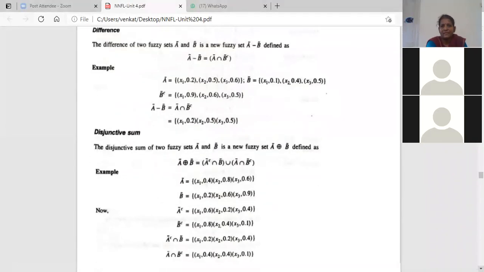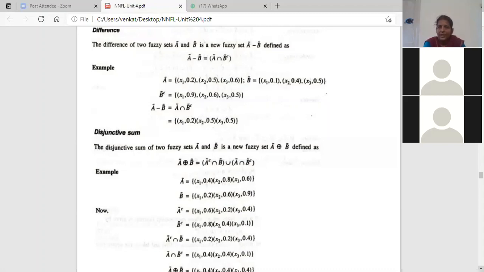Next, difference. The difference of two fuzzy sets is defined as A minus B is equal to A intersection B complement. Remember here we are using fuzzy sets. Operations on fuzzy sets. The difference between two fuzzy sets is a new fuzzy set which is defined by A intersection B complement.